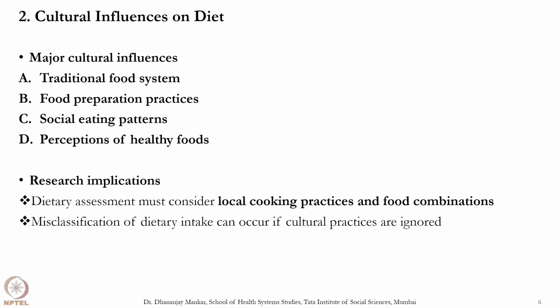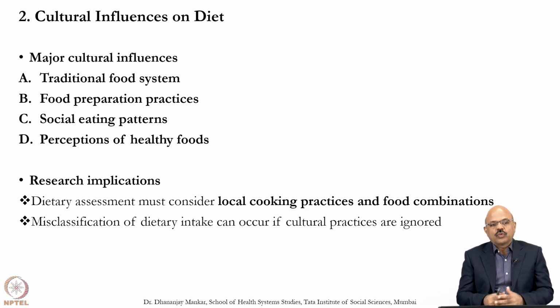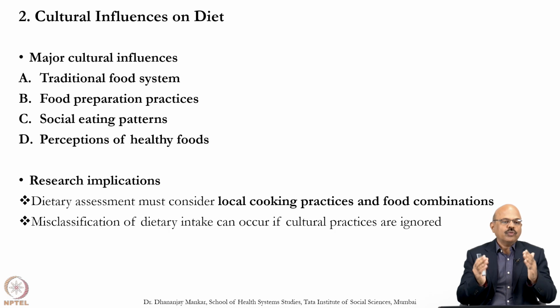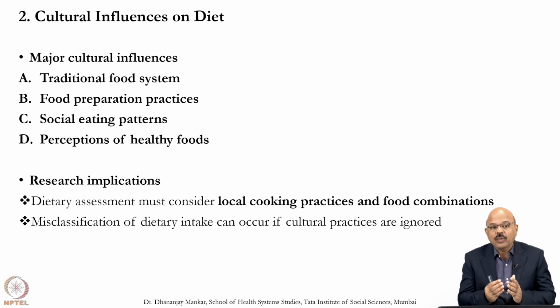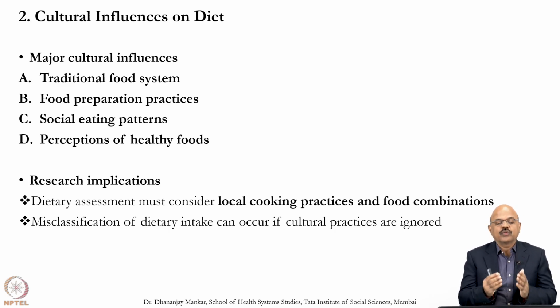Now, the major cultural influences we've identified are the traditional food system, food preparation practices, social eating patterns, and perceptions of healthy food. If we go into detail about the traditional food system, it comes from traditional practices followed from generation to generation, with specifications in terms of preparation, cooking, storing, and even serving patterns.